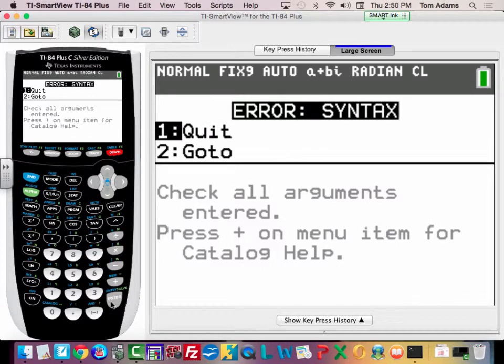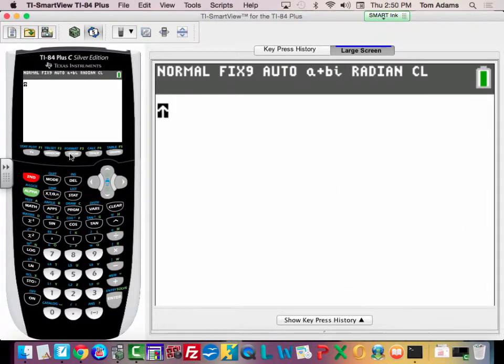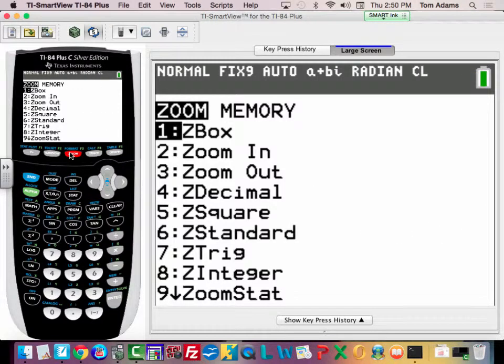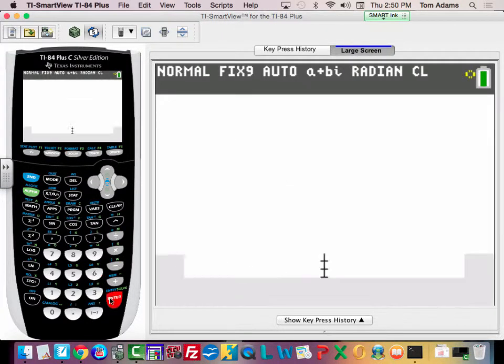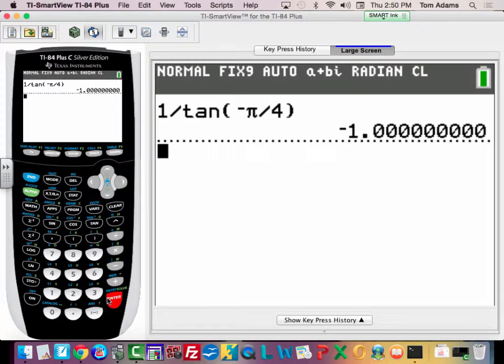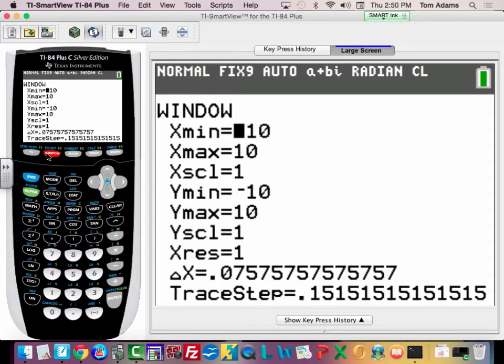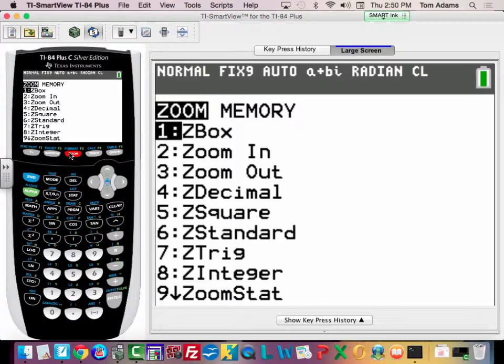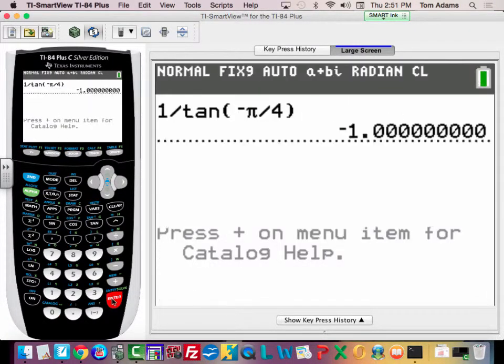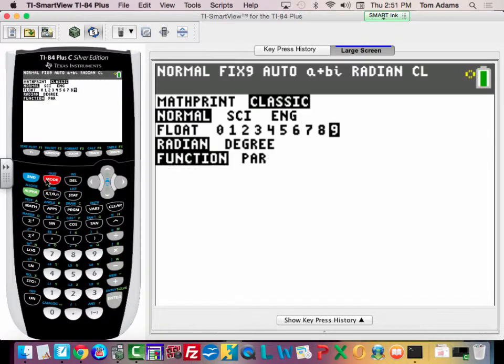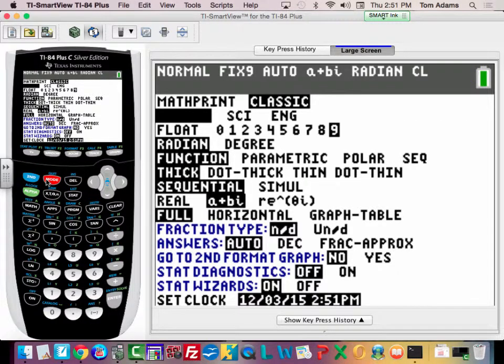Let's adjust the thing here. What did I do wrong here? Yeah, that's what mine was doing yesterday. You've got to set up the values. Zoom fit.